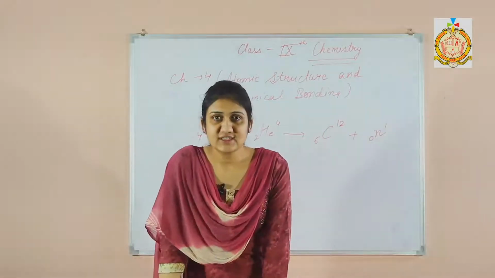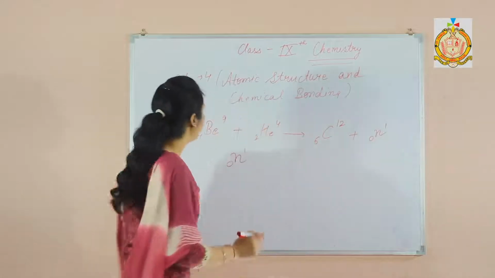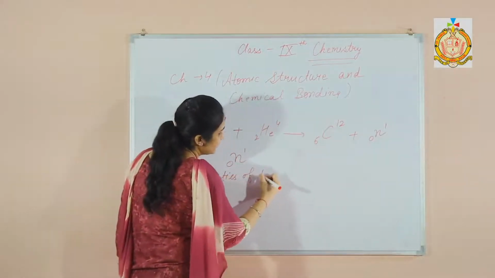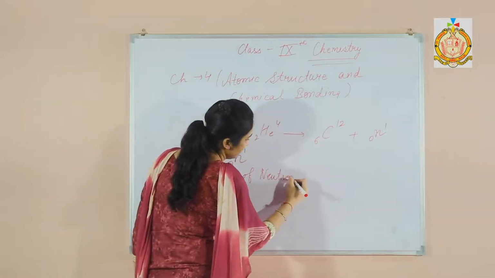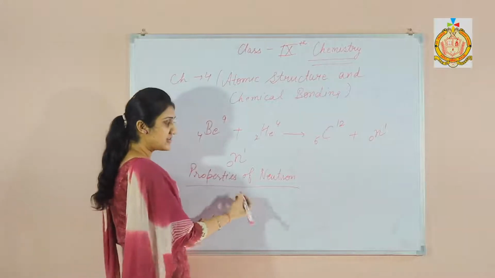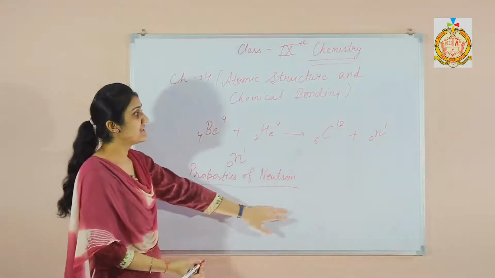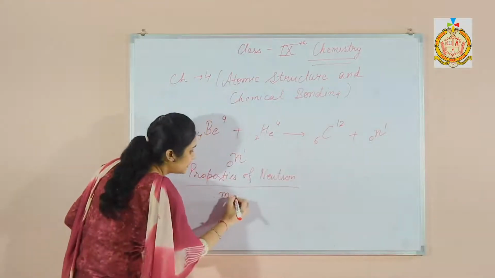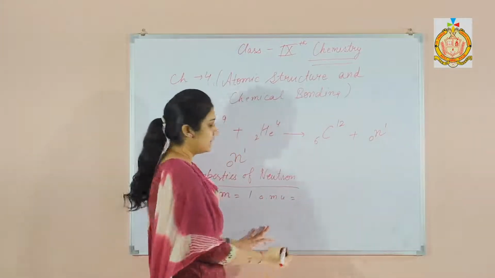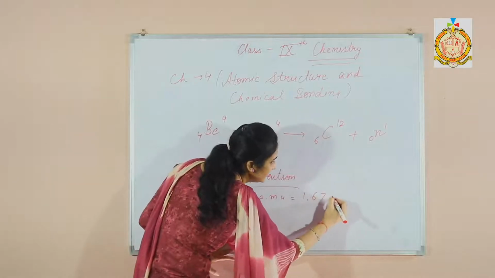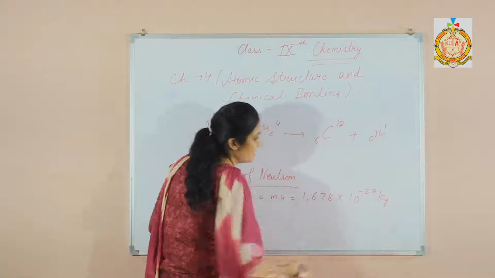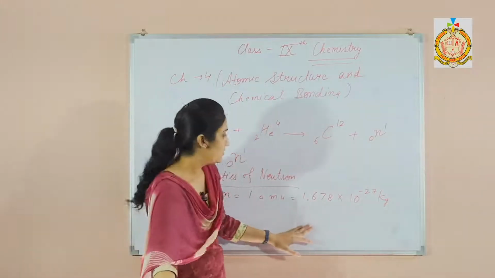So now we shall discuss the properties of neutron. Neutron has a charge of 0 and a mass of 1 AMU. The mass of the neutron is 1 AMU, or approximately 1.678 × 10^-27 kg.